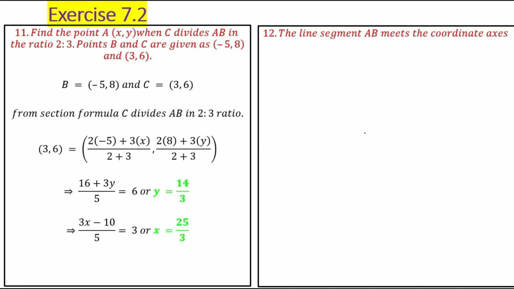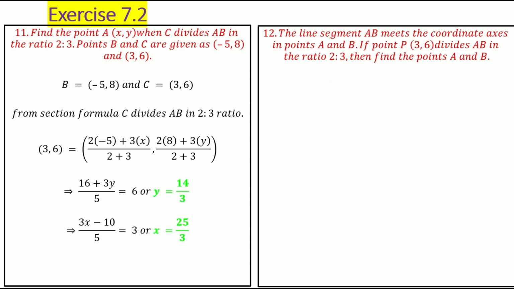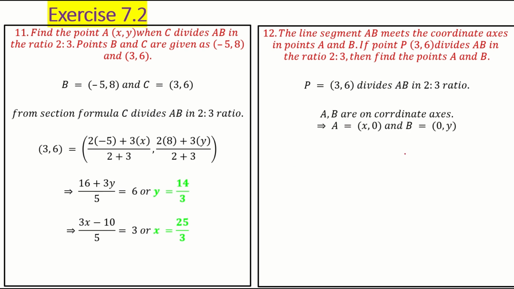Similarly, the line segment AB meets the coordinate axes in points A and B. If the point 3 comma 6 divides AB in the ratio 2:3, then find the points A and B. A is on the x-axis, B is on the y-axis. So A is equal to x comma 0 and B is equal to 0 comma y.